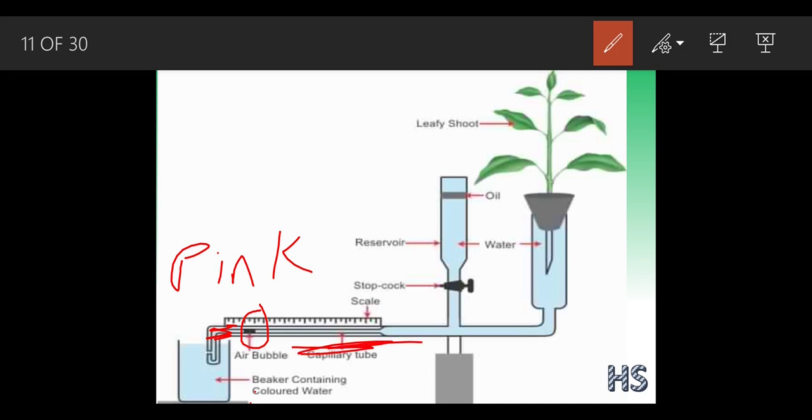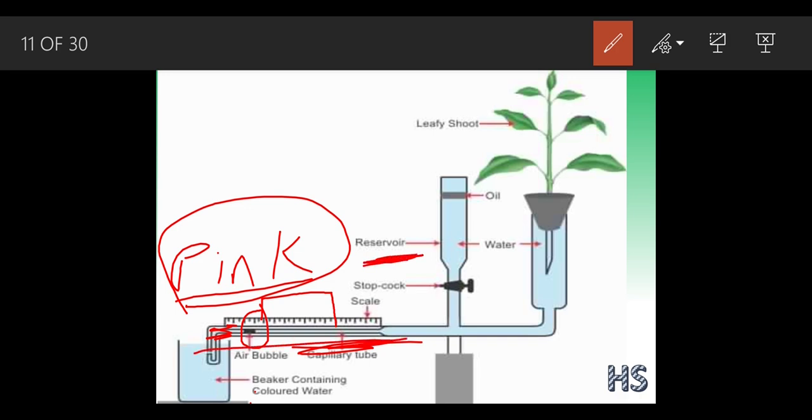When these bubbles move ahead, the pink water inside this capillary tube increases. So in order to come back to its original position, we have given the reservoir, which helps to push the bubble back to the initial position out here.